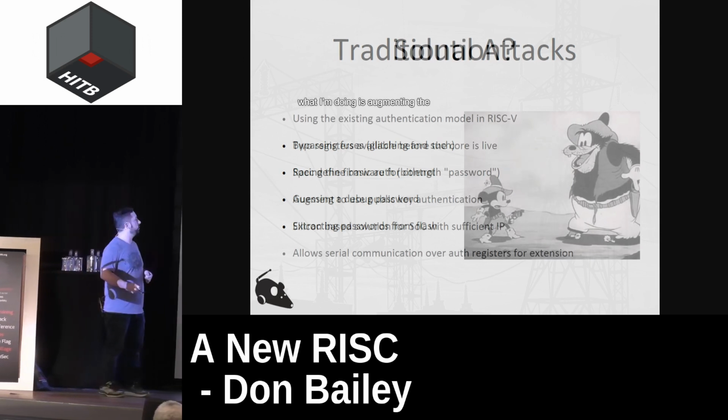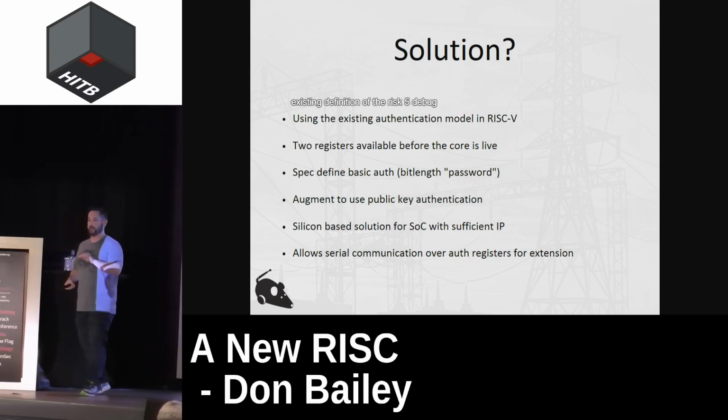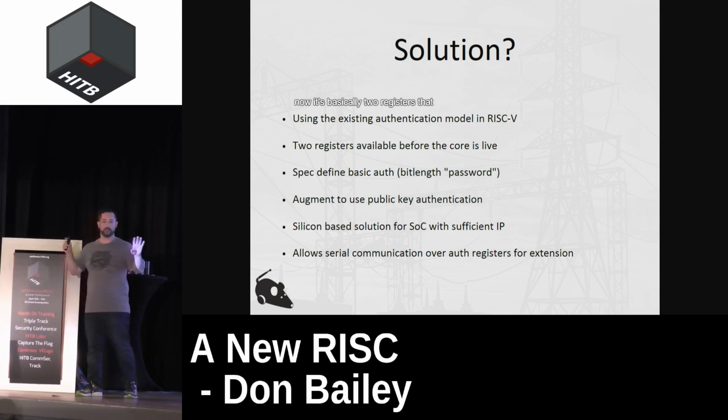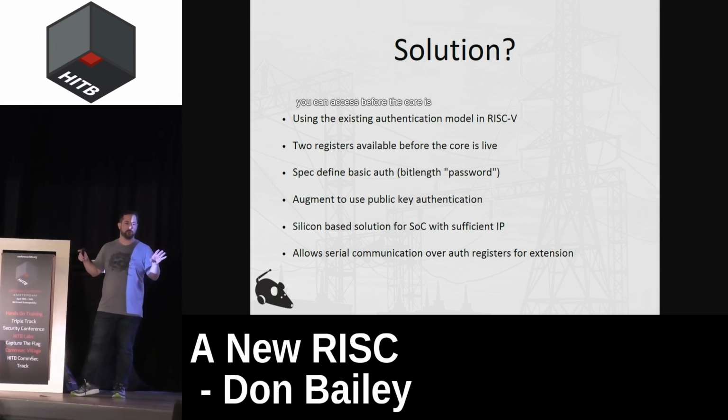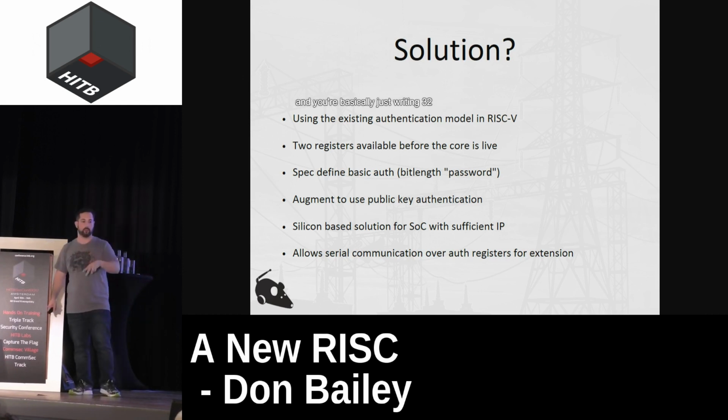So basically what I'm doing is augmenting the existing definition of the RISC-V debug architecture authentication scheme. Right now, it's basically two registers that you can access before the core is instantiated. So before JTAG is actually turned on, there are two debug registers that you can access, auth0 and auth1.